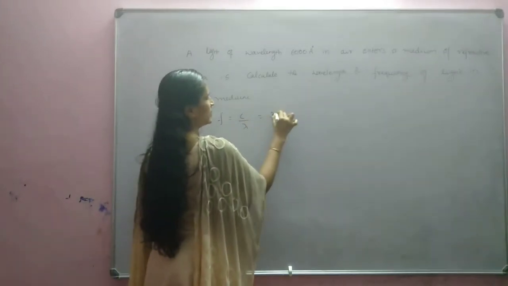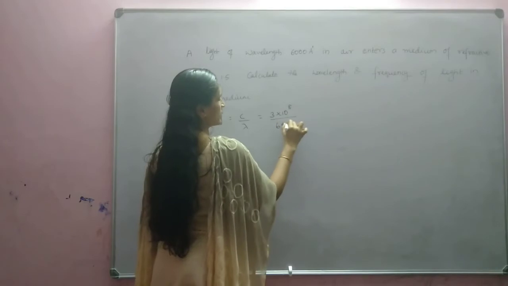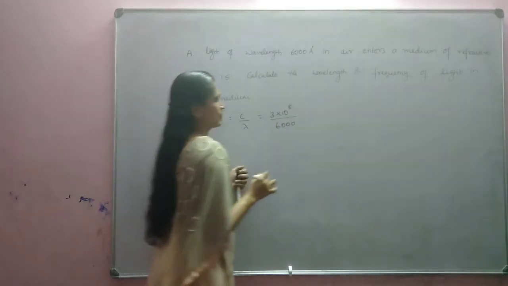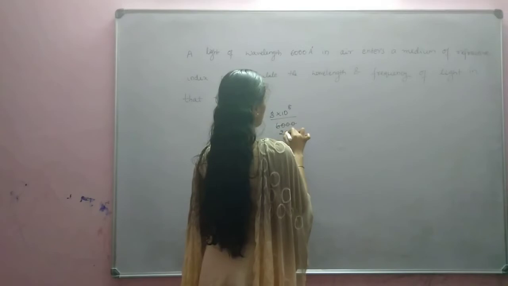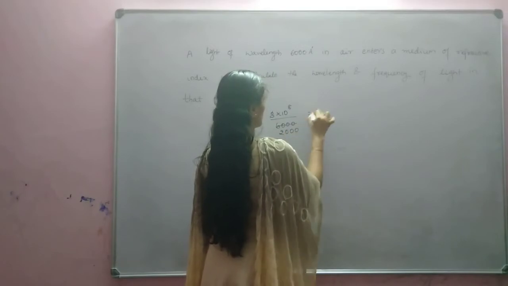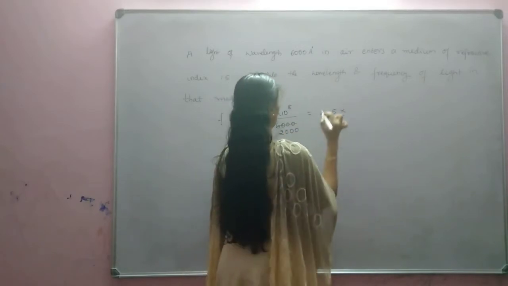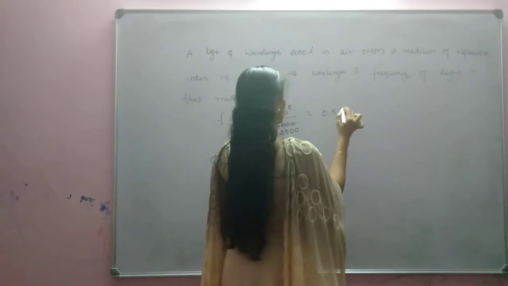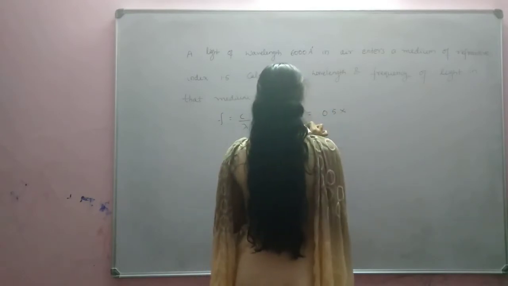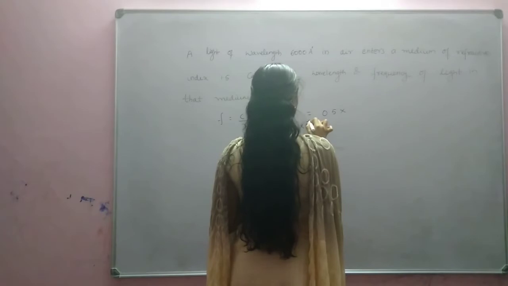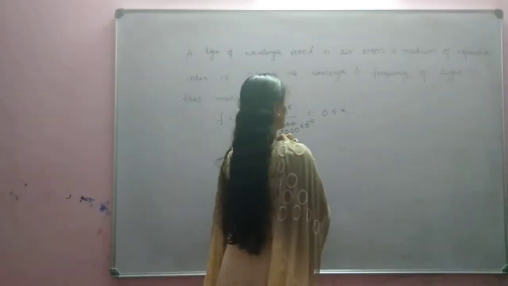C is 3 into 10 raised to 8, lambda is 6000 angstrom. The wavelength should be converted from angstrom into meter. So 3 divided by 6000 gives 1 by 2000, which is 0.5 into 10 raised to minus 3 over 10 raised to minus 10.